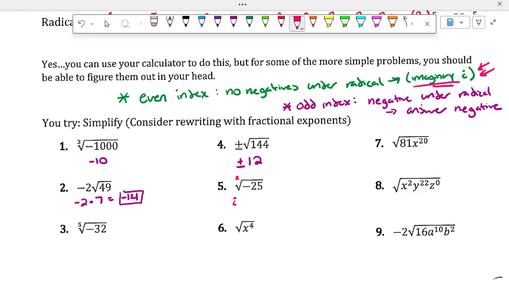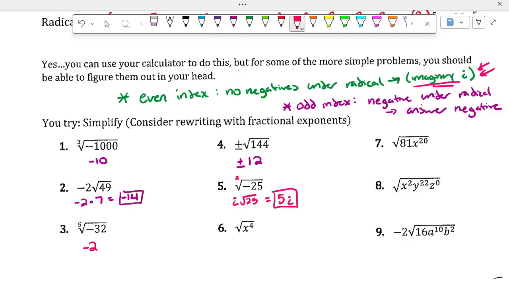So this will be i times the square root of 25. What's the answer? 5i. So again, with a negative under a square root, you've got to pull the i out. It's not a real number. Now, number 3 will be a real number. What's the 5th root of -32? Not just 2, -2, because it's an odd index.